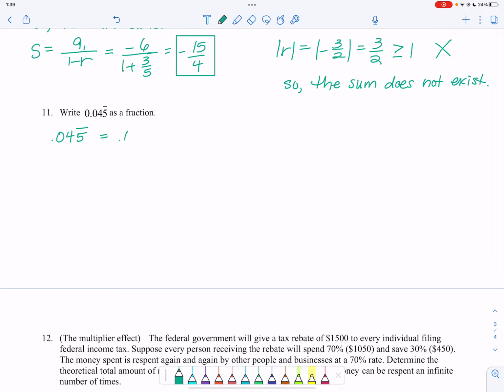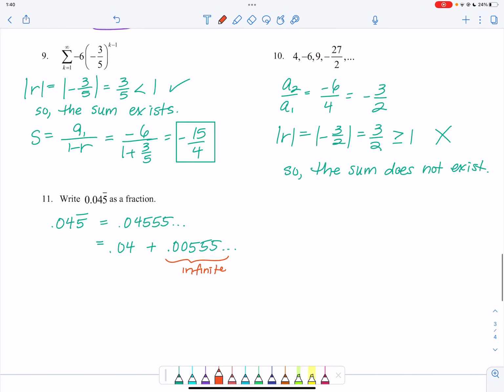So that's equal to 0.04555 and so forth. Well, that's equal to 0.04 plus this infinite sequence. So this right here is our infinite series.